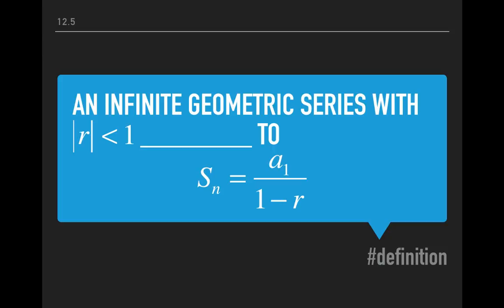When the absolute value of your rate is less than 1, that would be something like 1/2 or 1/3 or even a negative 1/4, it's going to converge to a particular sum, and that sum is found using this formula. That would be if your n went on to infinity.